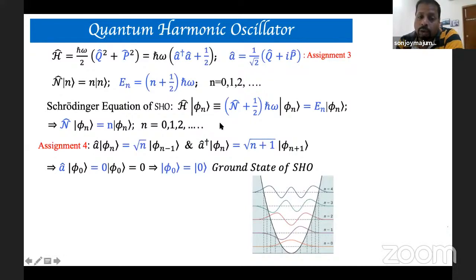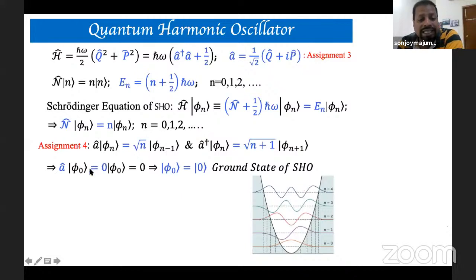So when you take these creation and annihilation operators defined this way, let's say you go to the level n equal to 0. What would happen at n equal to 0? If you apply the annihilation operator, you will not be able to find any state below that.